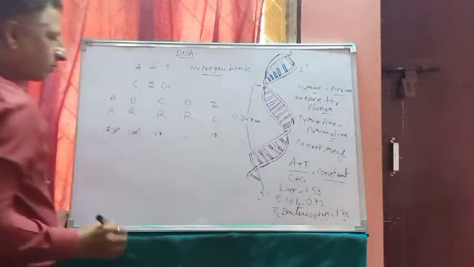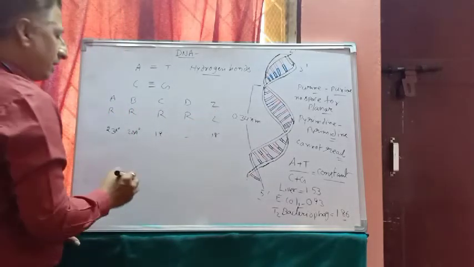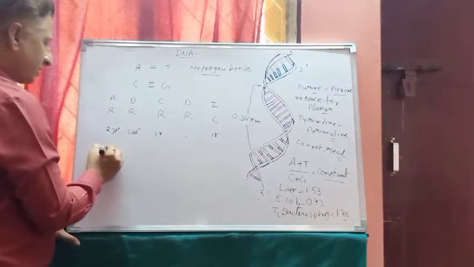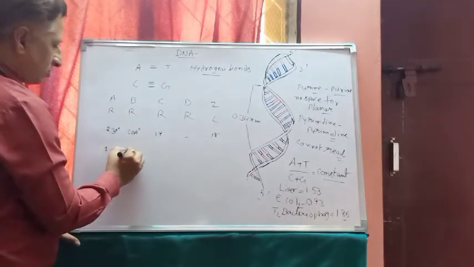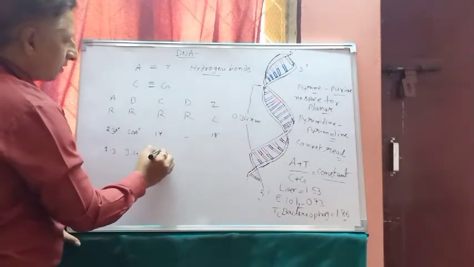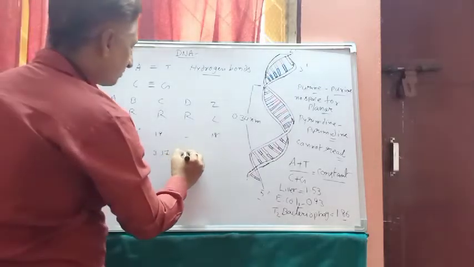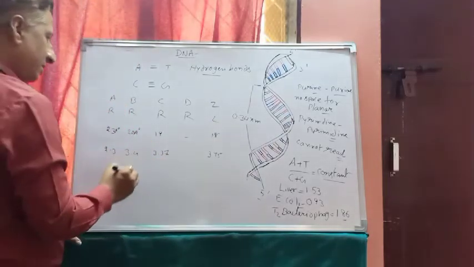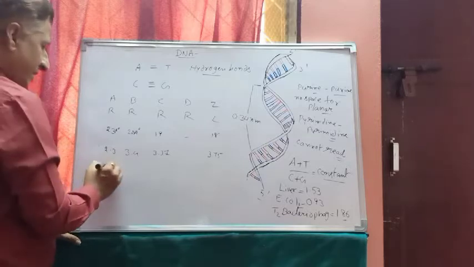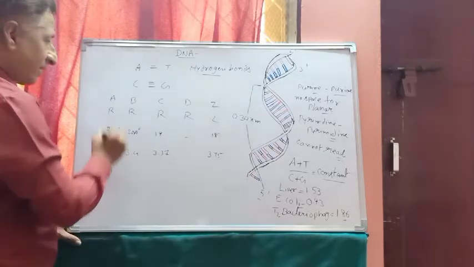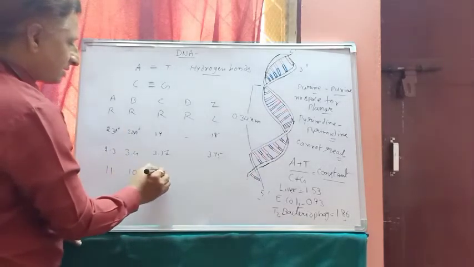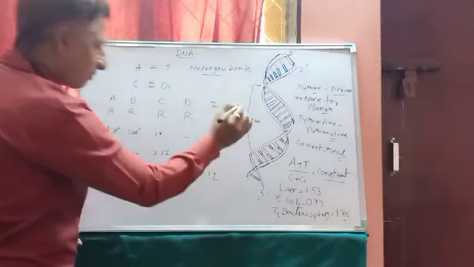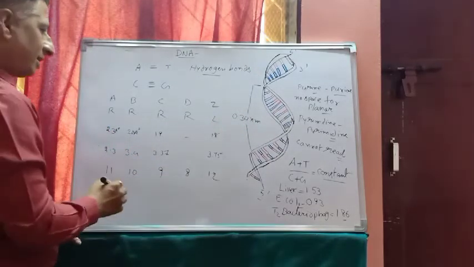This one is not known. Next, the rise: how much? 2.3, 3.4, 3.37, here 3.75. Base pairs: how many? 11 base pairs, 10 base pairs, 9 base pairs, 8 base pairs, here 12 base pairs.